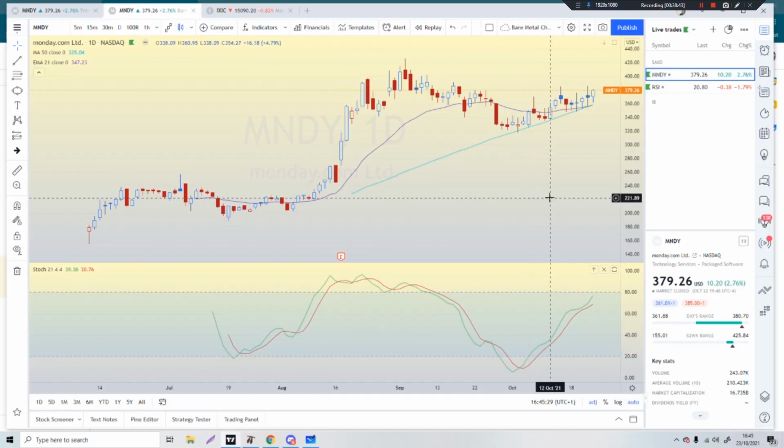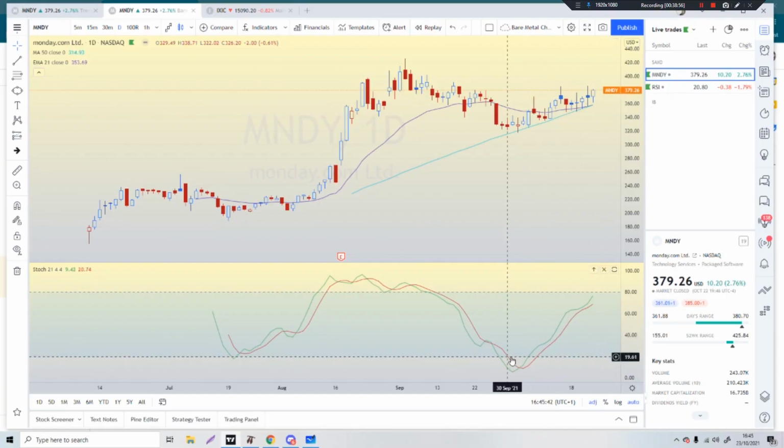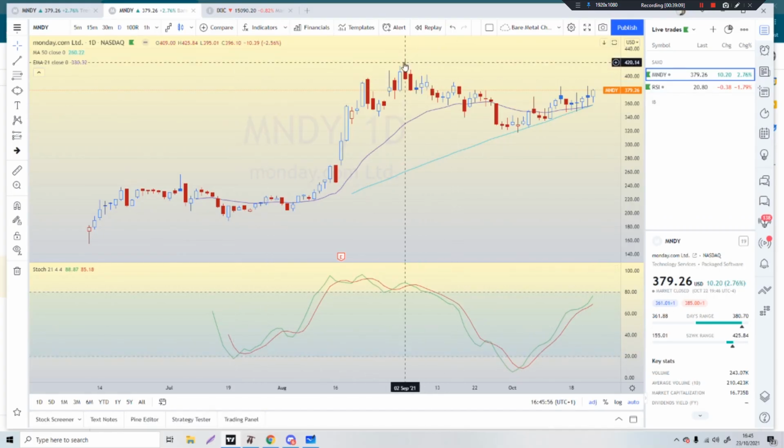But you wouldn't just blindly buy it. When that crossed over, it's probably at this point around about here. It's not a bad buy point, but it doesn't mean it's going to work necessarily, because this is just purely trading momentum. But it's useful to know if you've got momentum on your side or not. It's the same if you were considering buying this breakout up here. At this point, it's a pretty strongly trending stock, so you'd look at that and go, yeah, momentum is on my side, but that failed.